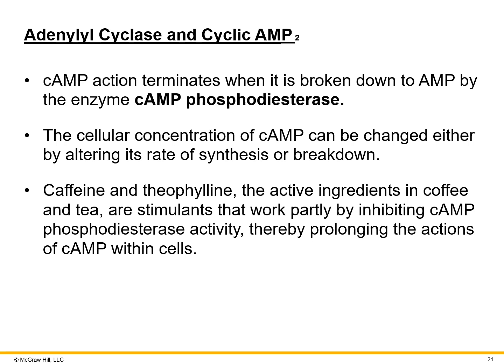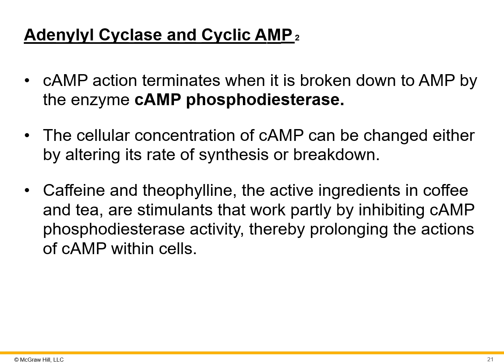The cellular concentration of cAMP can be changed either by altering its rate or breaking it down. Caffeine, the active ingredient in coffee, and theophylline in coffee and tea are stimulants that work partly by inhibiting the breakdown of cAMP, prolonging the actions of cAMP within cells.